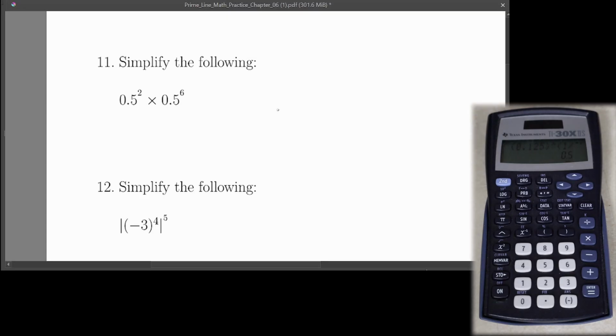Okay, so when we are multiplying numbers that have the same base, notice these are the same values, we can add the exponents. So we could write this as 0.5 to the 2 plus 6 power, because we're adding it up. This would get us 0.5 to the 8th power.